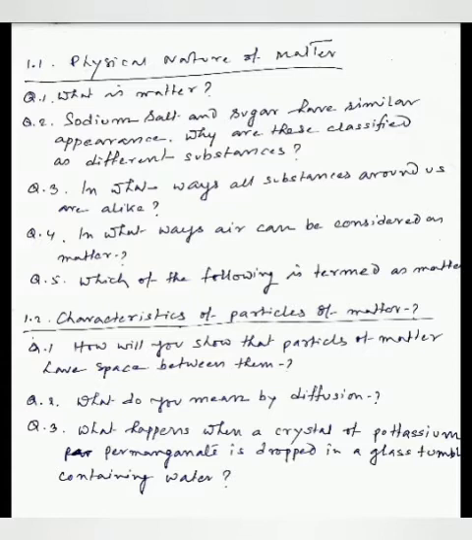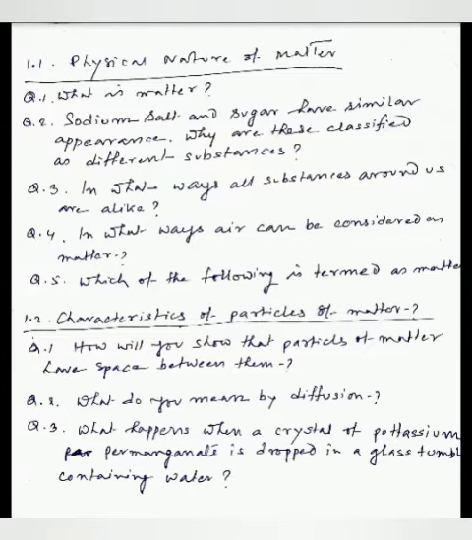The substances are not classified only by their appearance. Sodium chloride, salt and sugar look the same, but by their physical appearance, we do not classify them. These are classified by their properties such as density, boiling point or melting point, conductivity, thermal capacity, and other chemical properties.